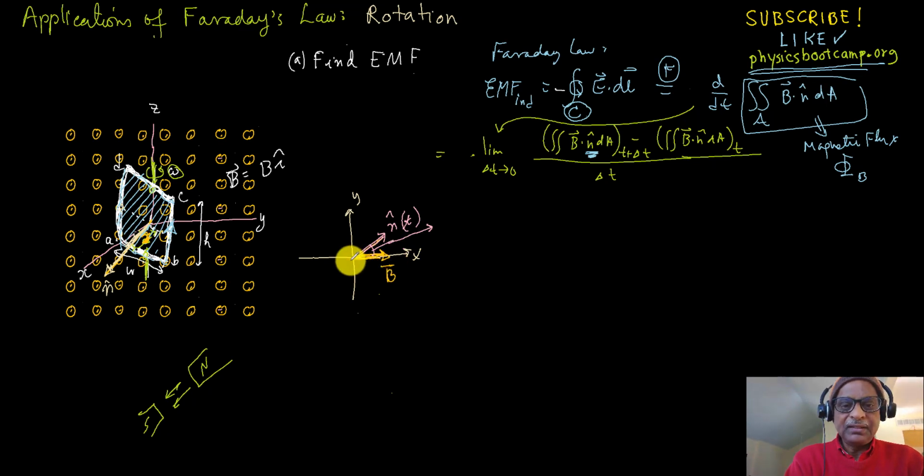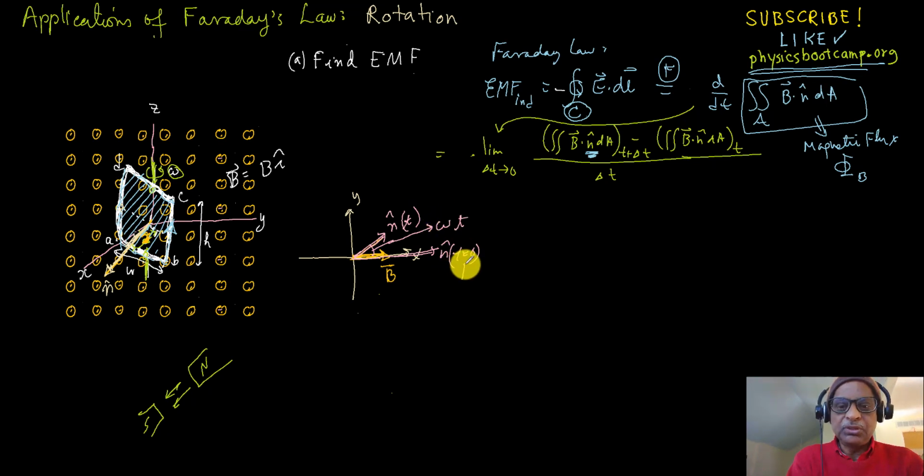Well, let's see, at t equal to 0, assume n hat was in that direction. So it's rotating around the z-axis, so it's going to point in this direction. So this angle will simply be omega times t.